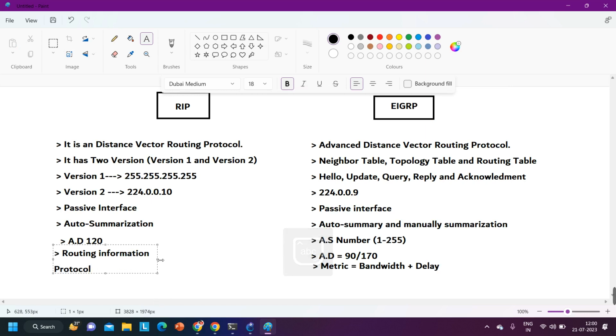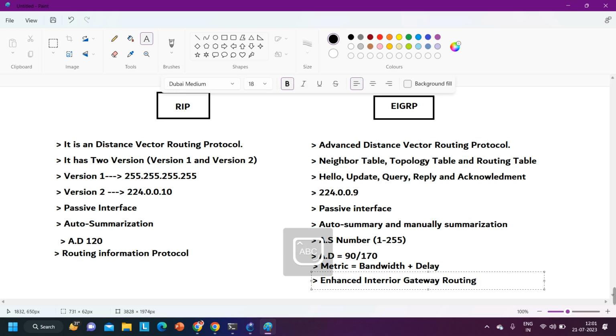And EIGRP stands for Enhanced Interior Gateway Routing Protocol.